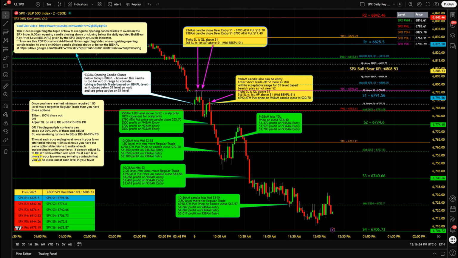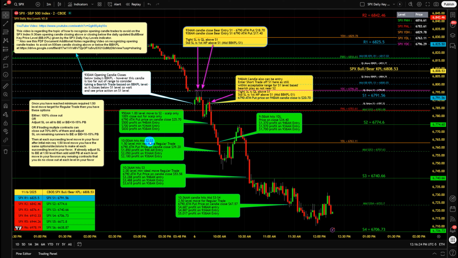If you already adjusted your stop loss at the 1.50 level, which is the minimum required move, then you would add an additional profit buffer at each succeeding level in your favor on any remaining contracts that you do not close out at each level.